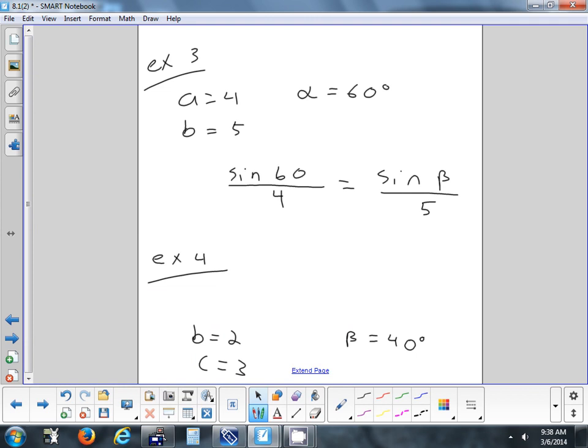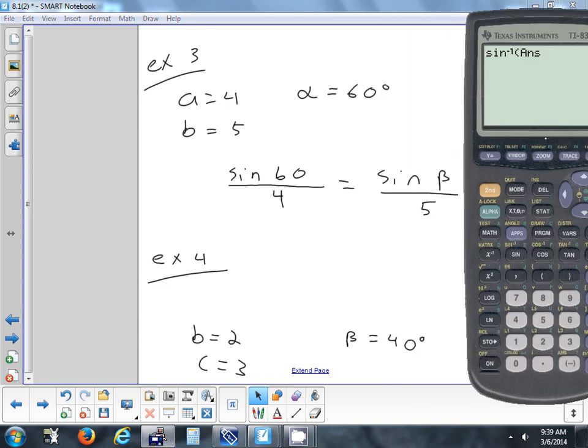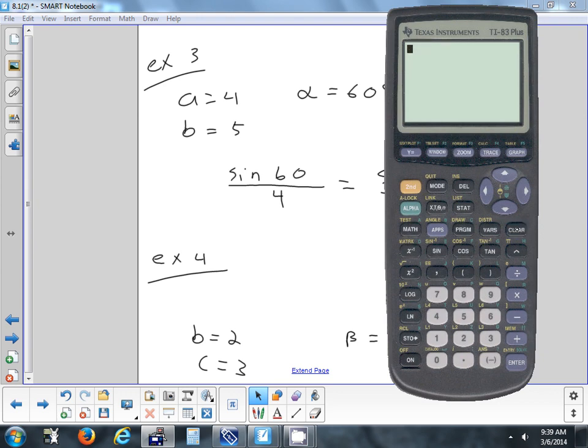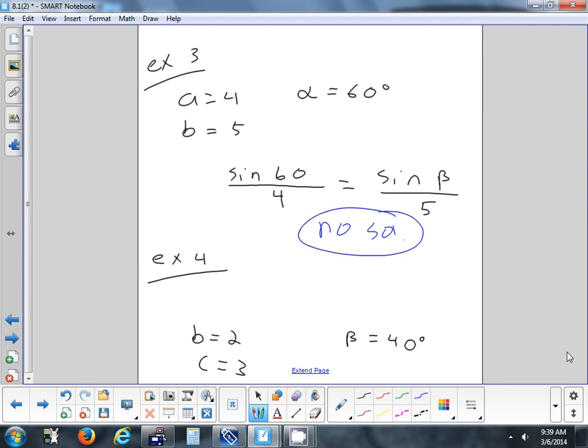All we really have to do is look at 5 times the sine of 60 divided by 4. If it's bigger than 1, then we're done. We know there's no solution. It's 1.08, so it's a little bit too big. So that's no solution. Any question on that?